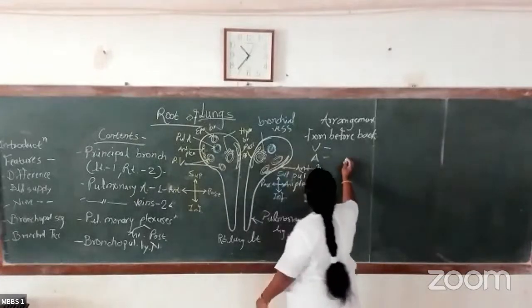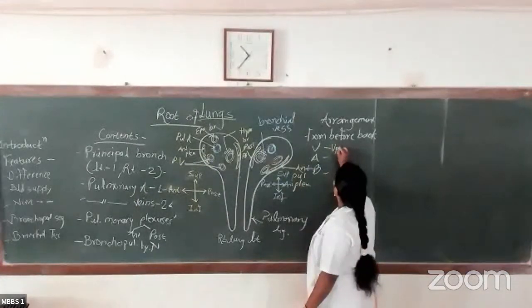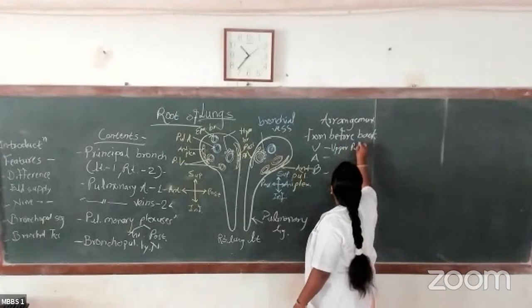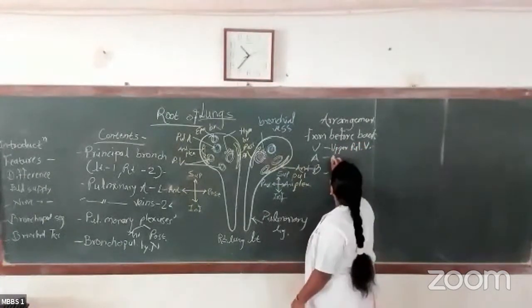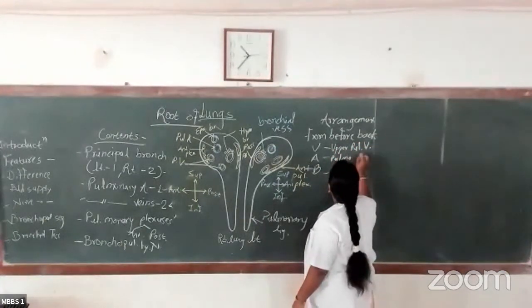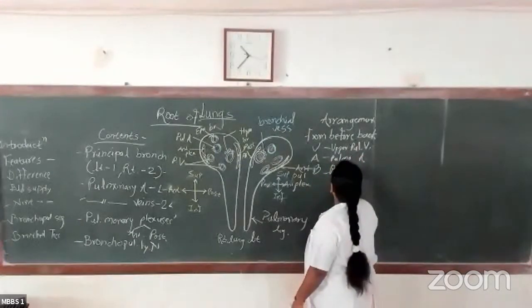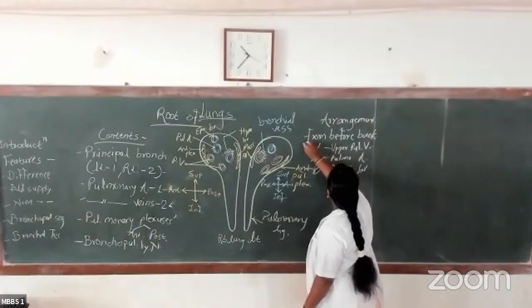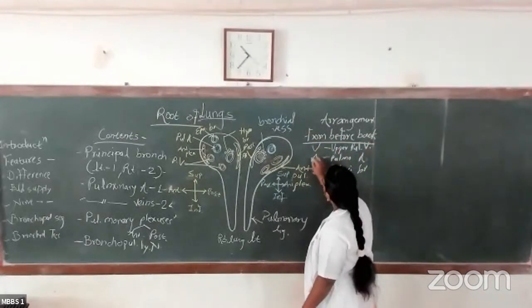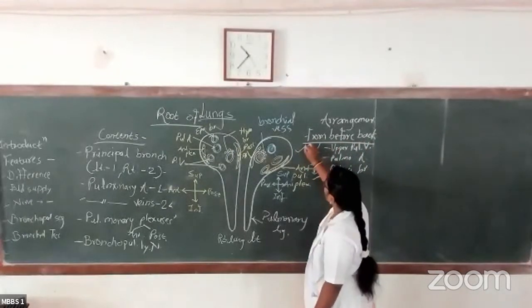So from before backwards, upper pulmonary vein, pulmonary artery, principal bronchus. From before backwards, it is the same on both the sides.